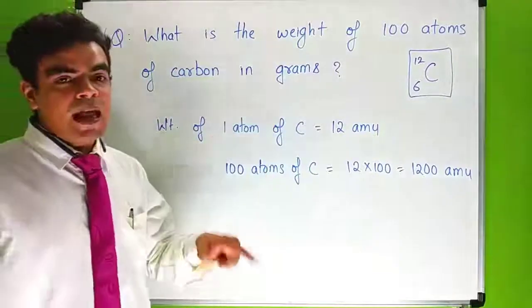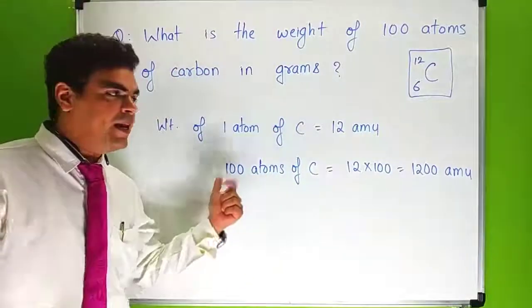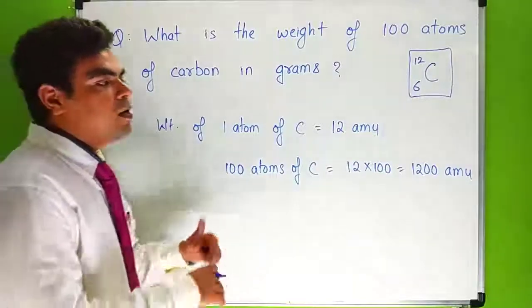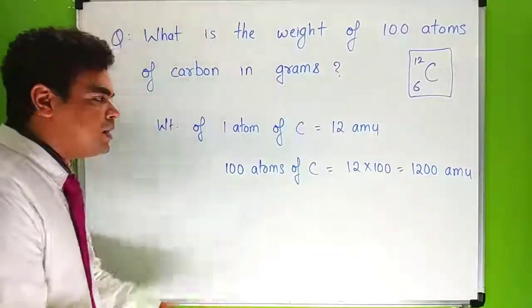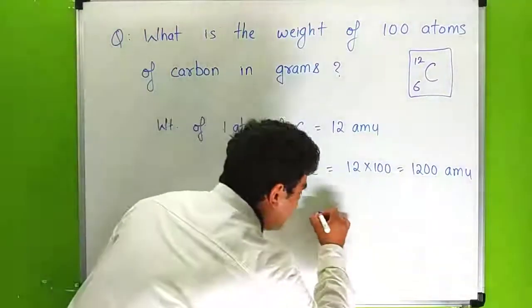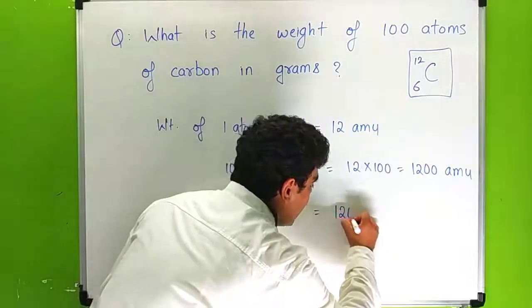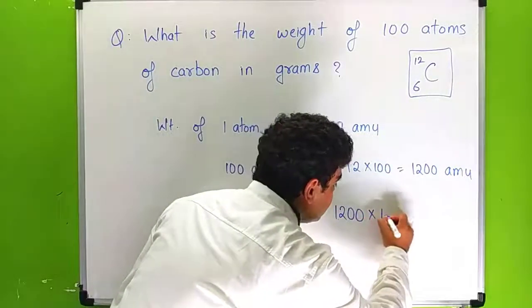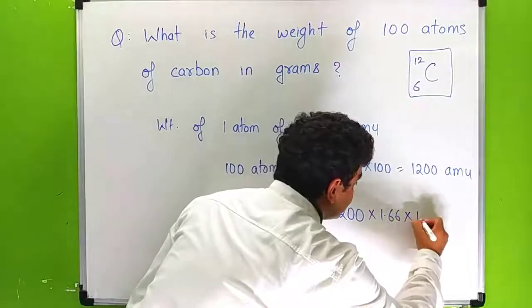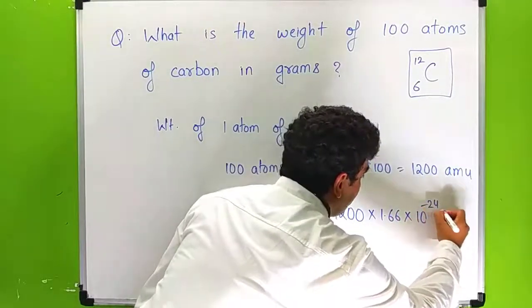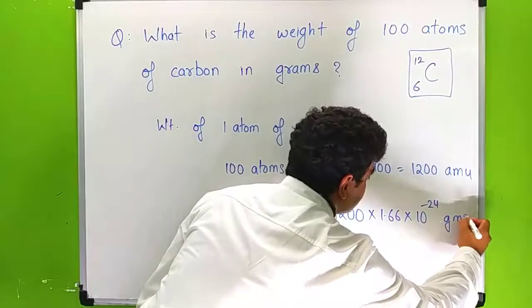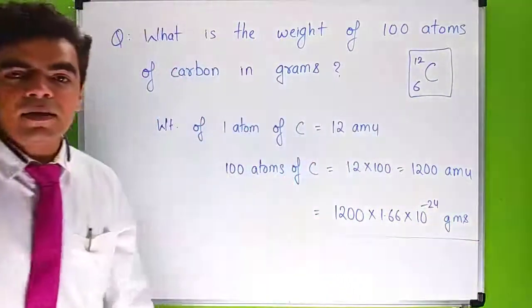So we will utilize the result which we had obtained earlier, and we will convert AMU into grams, and simply you will find the answer. We know that 1 AMU is equal to 1.66 into 10 to the power minus 24 grams, and that is your answer.